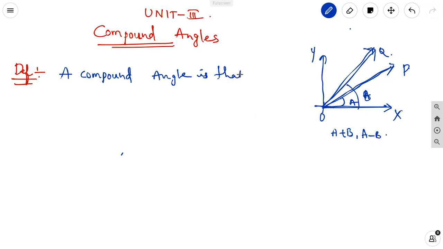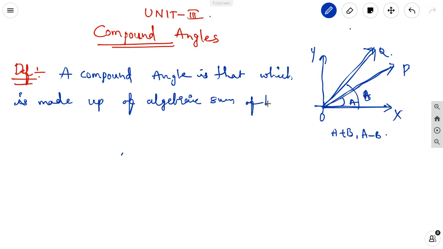A compound angle is that which is made up of the algebraic sum or difference of two or more angles.